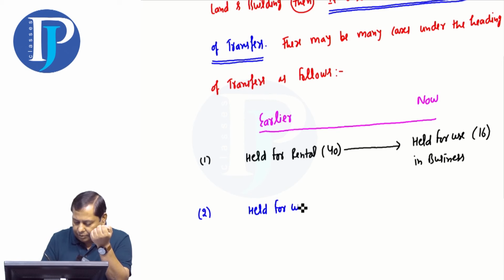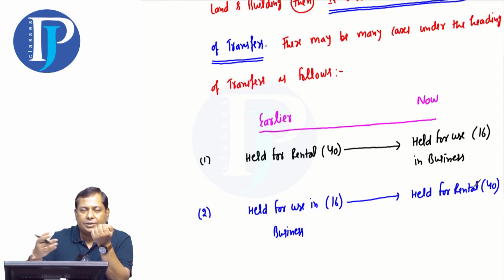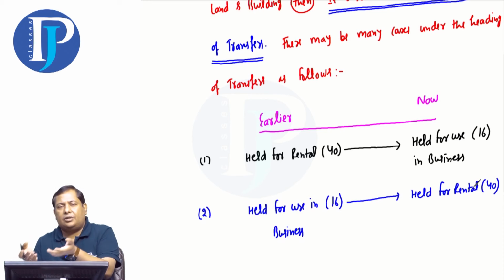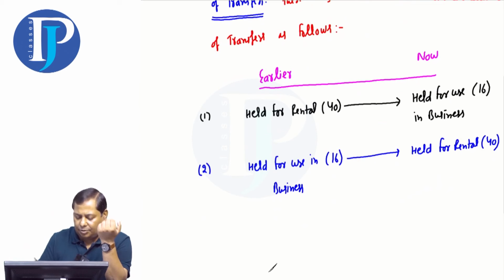Held for use in business: we were applying 16, but now it is held for rental. We are seeing the vice versa here. It can go from 40 to 16 and come back from 16 to 40. It's up to the owner. If it is leased out, 40. If it is used, then 16. As soon as the intention changes, the transfer case will be applied to it.